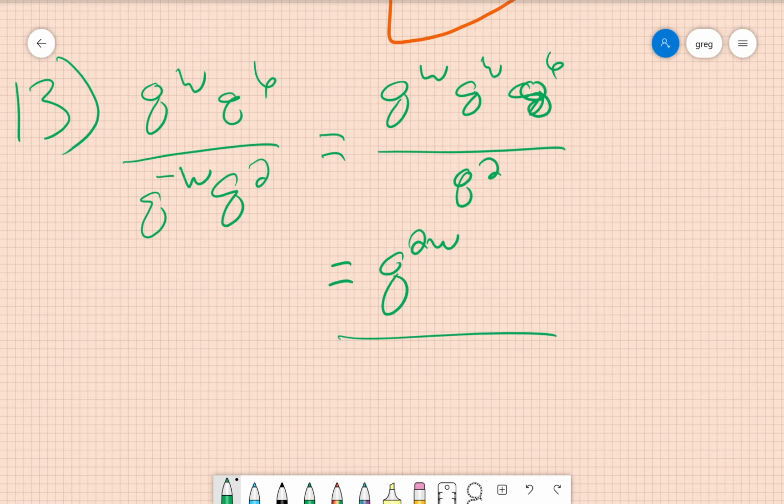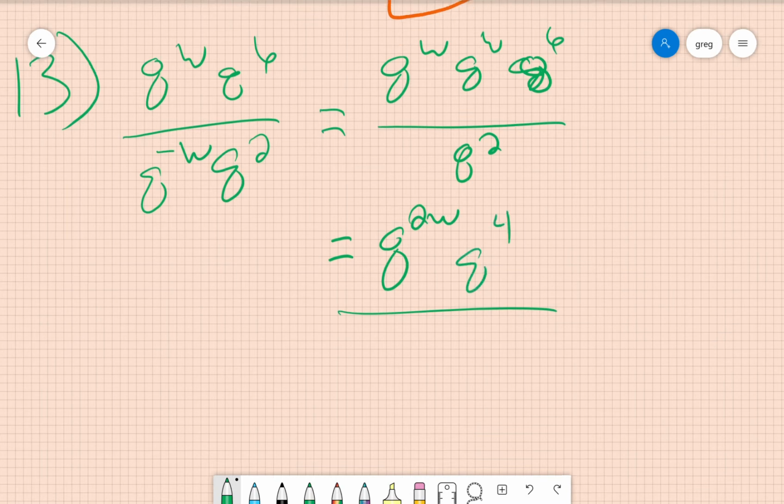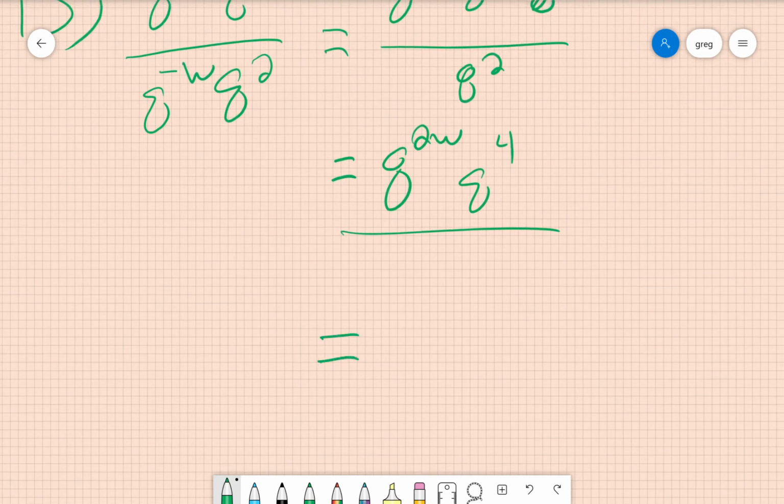It's the last problem. So 8 to the 2w, and now what do I do with the 8 to the 6th over 8 to the 2nd? Subtract. What is my answer? 8 to the 4th. Where does it go? Perfect. 8 to the 4th. But now I have the same base again. I have to add them, right? They're the same base.